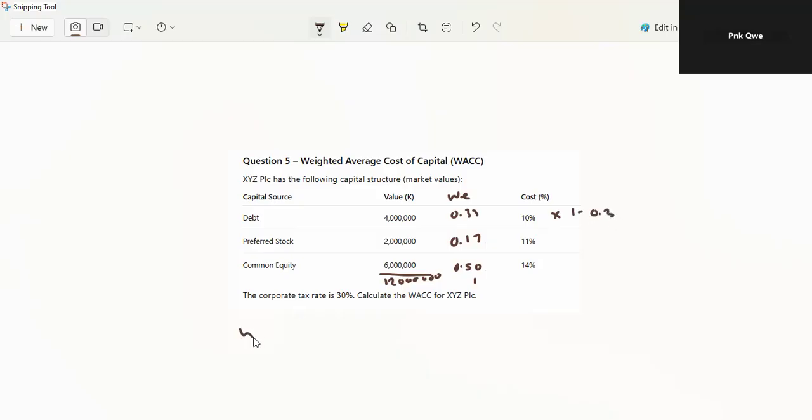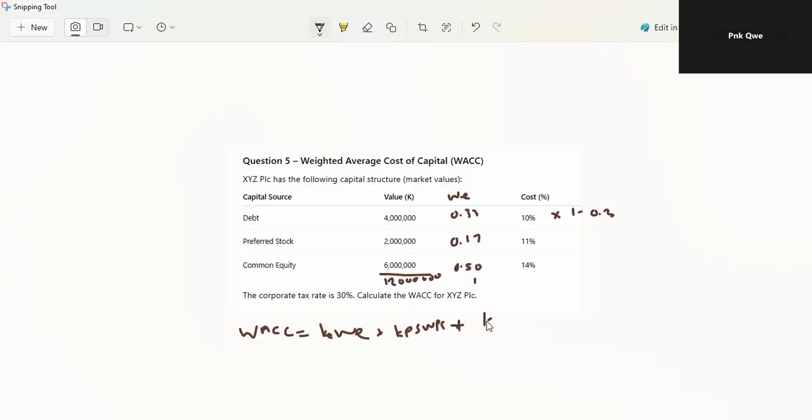So how do we calculate WACC? WACC is what? Cost of equity times weight of equity, plus cost of what? Cost of preferred stock times weight of preferred stock, plus cost of what?